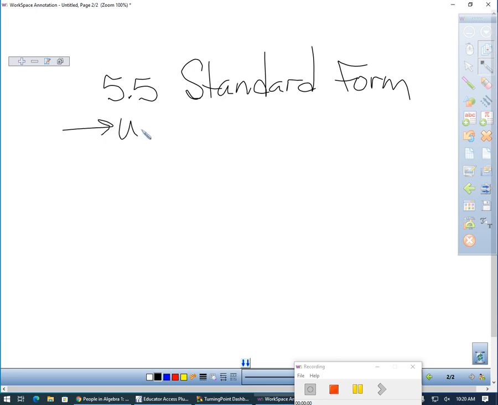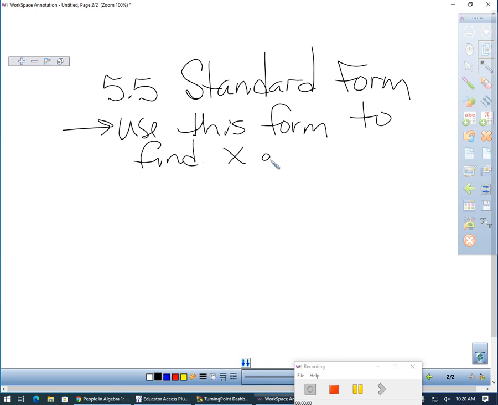We use this form to find x and y intercepts. Sometimes I refer to this form as the cover-up method.